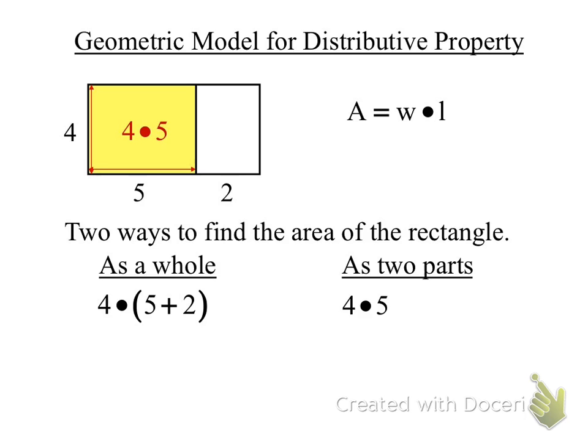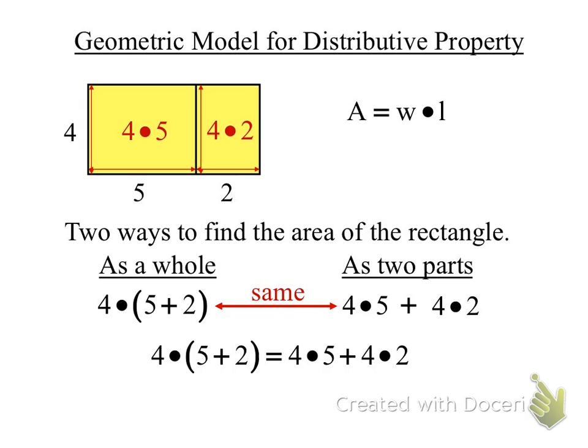And the other area is 4 times 2, and that makes 8. No matter what you do, using order of operations or using the distributive property, we'll still get the same answer.